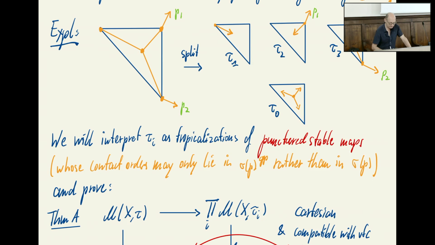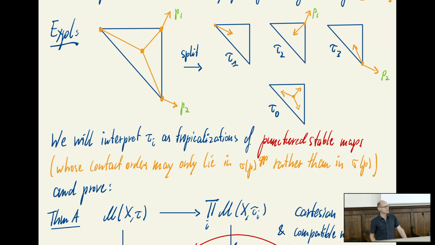So we will interpret these tau i's that I wrote down here as tropicalizations of what I call punctured stable maps. And the punctured stable map is unlike the stable log maps we had before, where the contact orders were all positive naturally. If you remember these UPs, they had to do with legs that were unbounded rays in some cone.